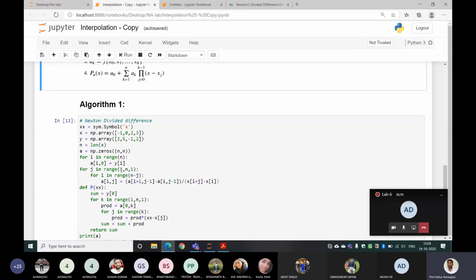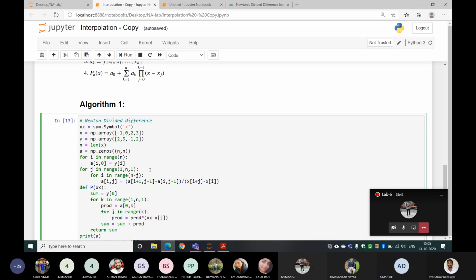We'll start with column number 1 and go up to the last column. The last column will be n minus 1. So that's why I wrote 1 comma n comma 1. That means it will start from 1 and go up to n minus 1; it will not reach n. So this is the column range. Column is represented by j. Is that clear?